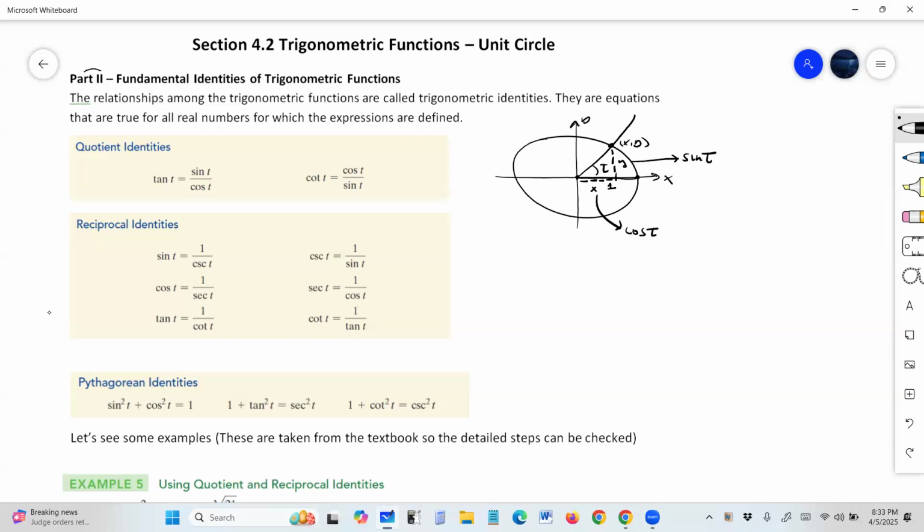Now, we mentioned that out of these two functions, we are able to produce four more.